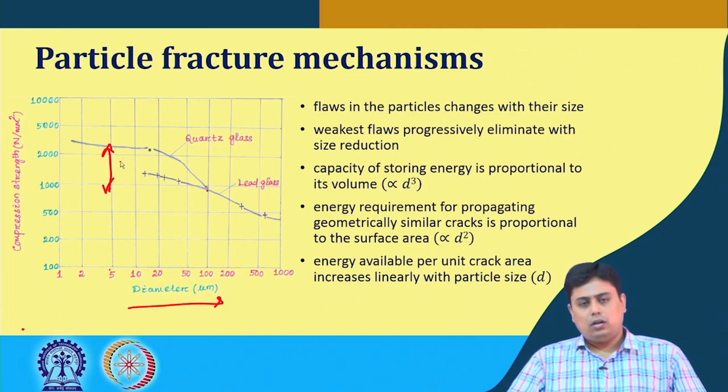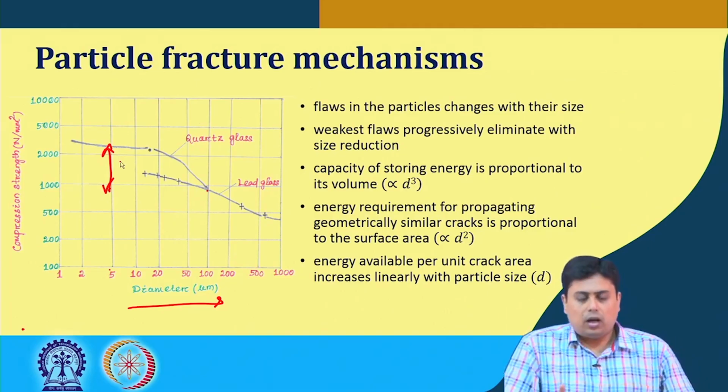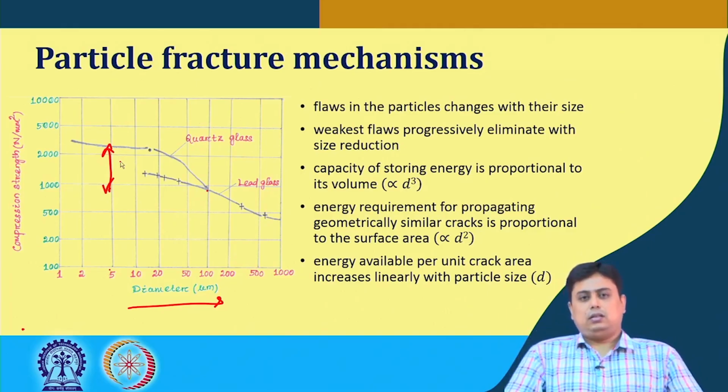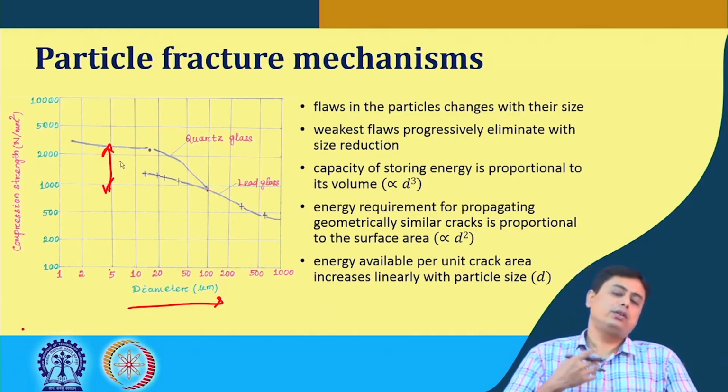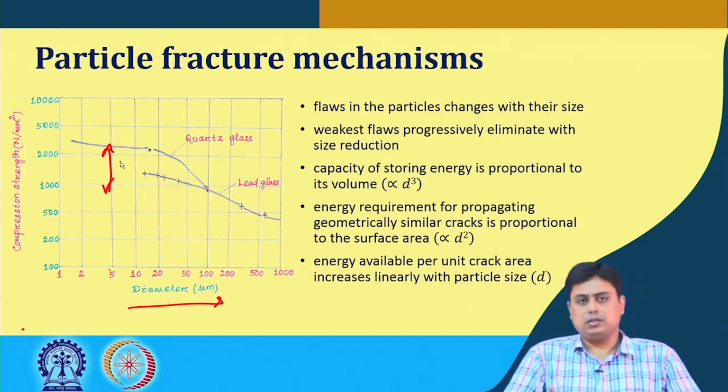The typical hypothesis is that there are flaws in the materials, and these flaws change with particle size. In general, a fracture or deformation or something else can be called a flaw, and it changes with the size.